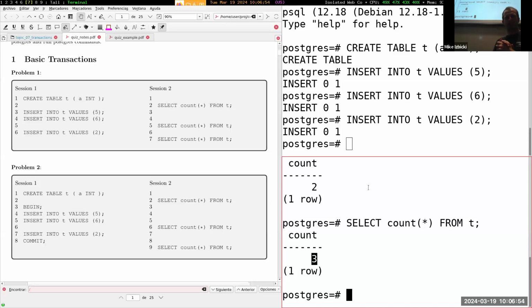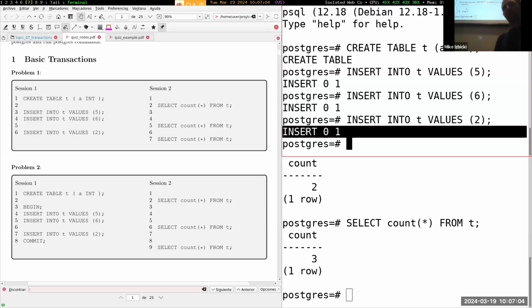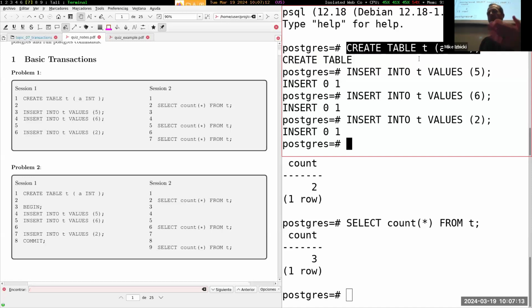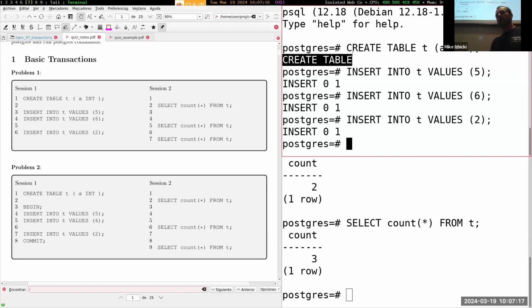Question, why does it say insert 0, 1? Oh, okay, so over here, the question is insert 0, 1, what exactly is the meaning of this output down here? The insert is the command that just got run. Basically, every time that you run a command in Postgres, in psql in particular, it's going to have some sort of output that tells you what happened with that command.